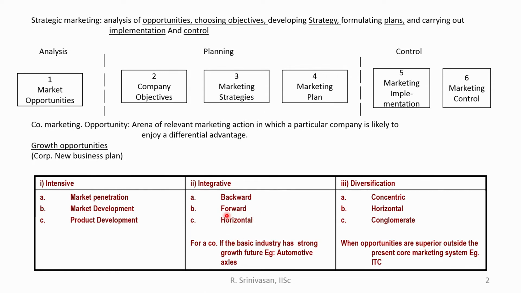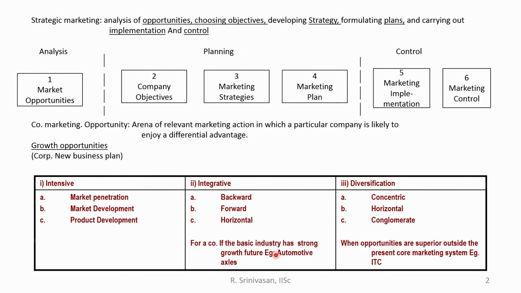What is this backward, forward and horizontal? Backward is where you take control of the supply line, forward is where you take control of the distribution line, and horizontal is where you take control of your competitors. So, when do you go in for these integrative opportunities?